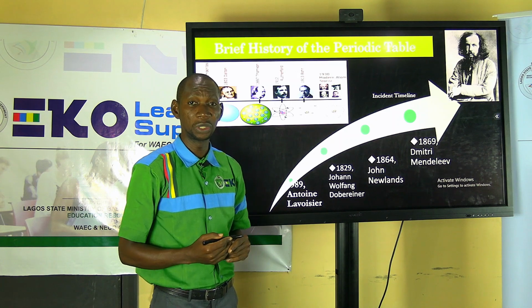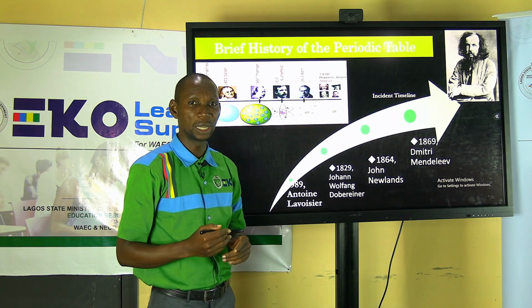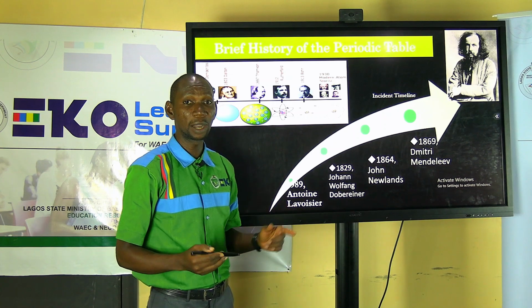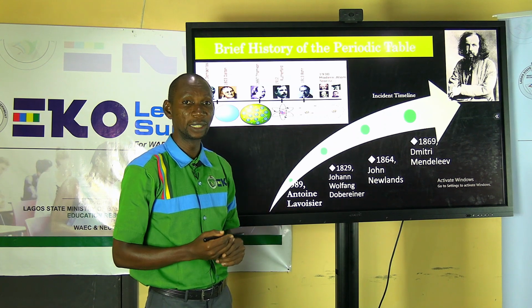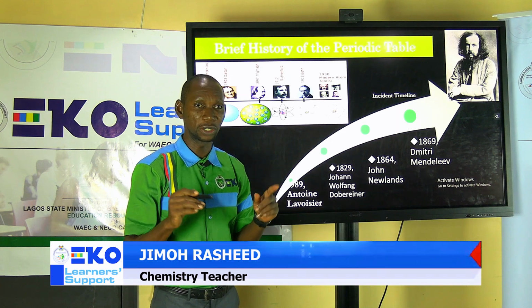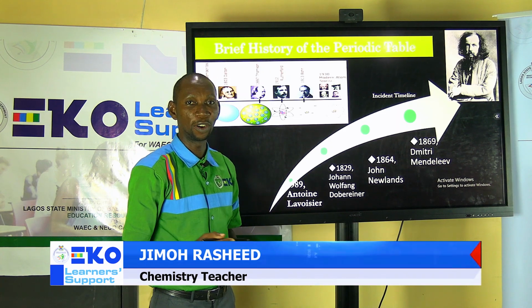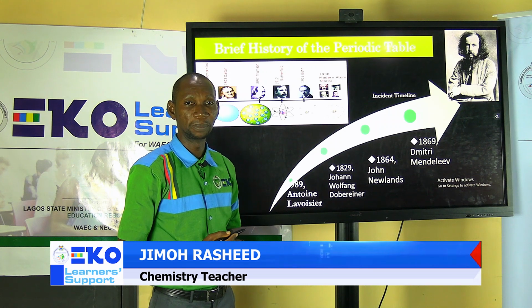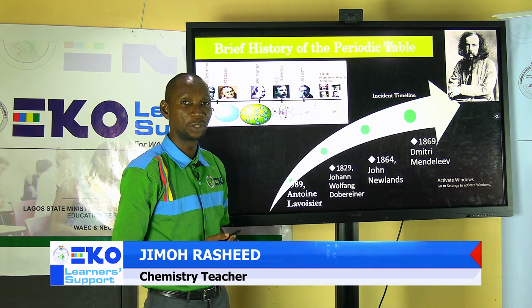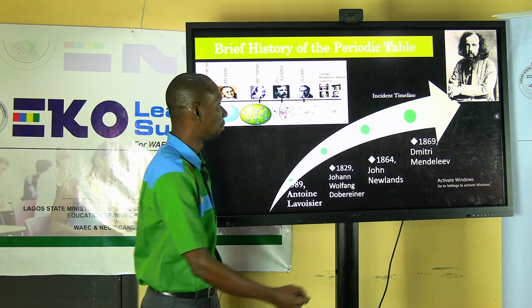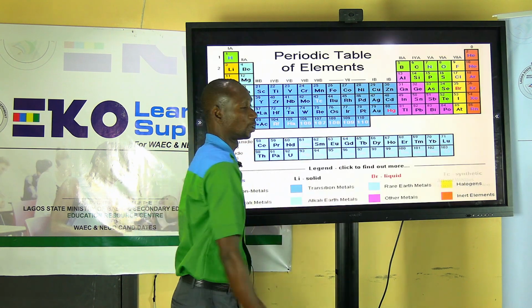Did you know what Dmitry did? He left space for these yet undiscovered elements. And years later, when those elements were discovered, not only did they fit into the positions that he predicted, they also had the properties he predicted for them. And this is why he is referred to today as the father of the modern periodic table.